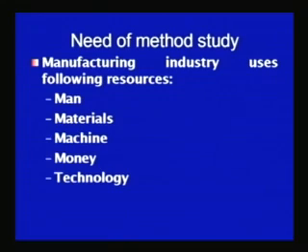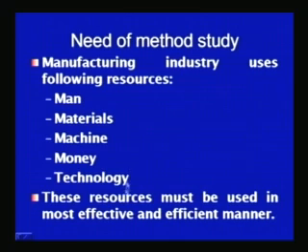These resources are to be used very effectively if productivity is to be improved, and an attitude of zero tolerance towards wastage of any form should be developed for having better productivity. These resources, that is why, must be used in the most effective and efficient manner.